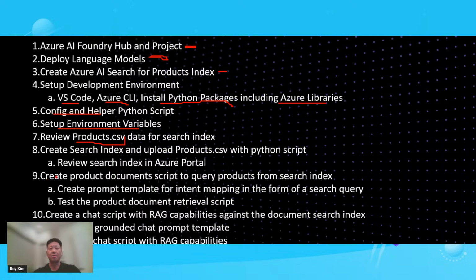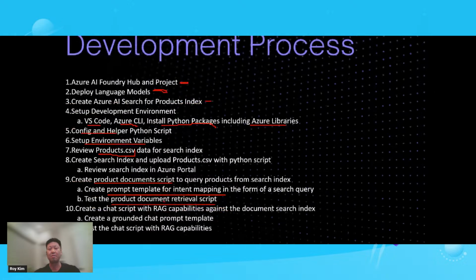So next we need to create a product documents search script to query the index. I will show a prompt template for intent mapping, so that it will tee up that search query for better performance and getting the intent across. And I will demo testing that and showing the results.